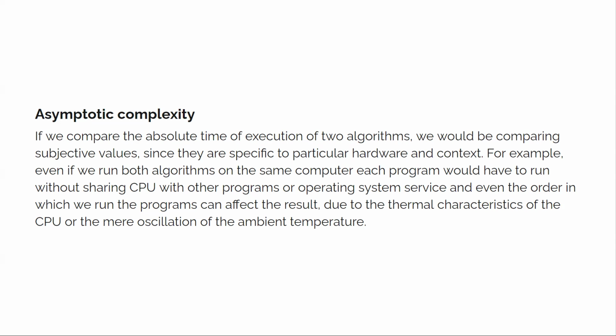And even the order in which we run the programs can affect their result due to the thermal characteristics of the CPU or the minor fluctuations of the ambient temperature.